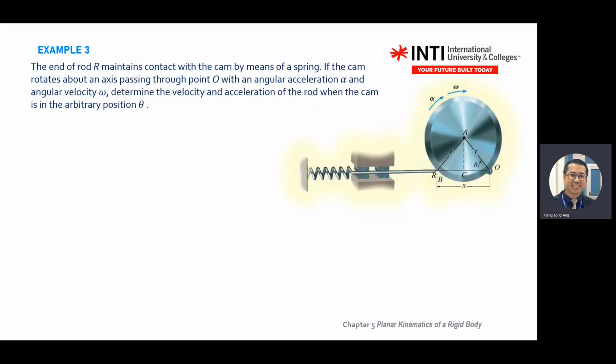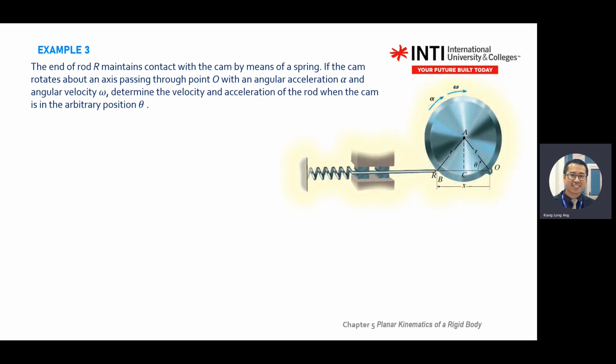So let's look at example 3. There's a rod here with a spring attached to a disc. This disc gives you a few points, and by looking at the diagram, you see omega, alpha, A, R. This one is a chapter 5 question. The end of rod R maintains contact with the cam by means of the spring. So this one will push on the cam, the round body.